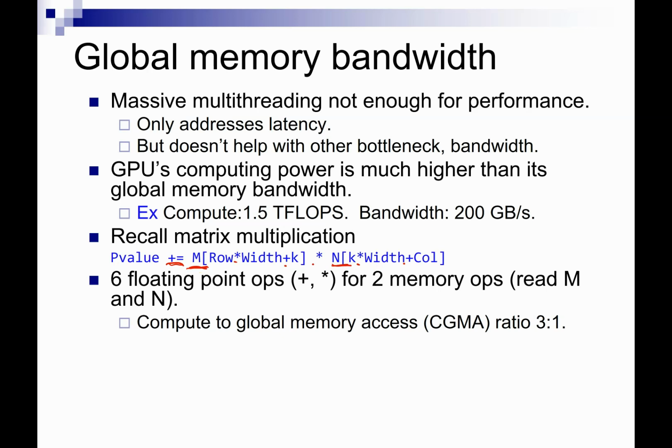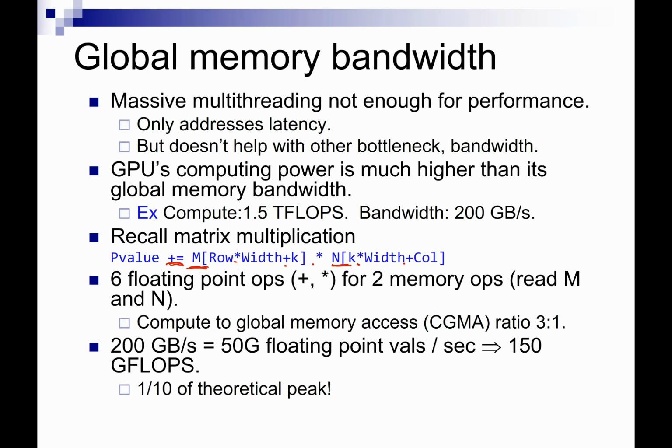Therefore, the ratio of computation to memory operations has a name: the compute to global memory access ratio, which here is 3 to 1. Now if you have 200 gigabytes per second of bandwidth, each floating point value costs you 4 bytes. So we're only going to be able to read 50 billion floating point values per second.